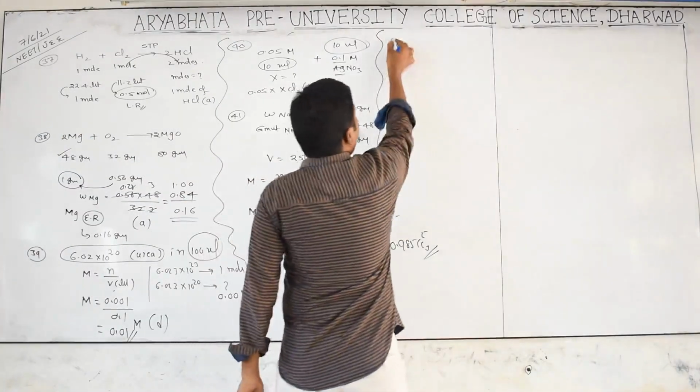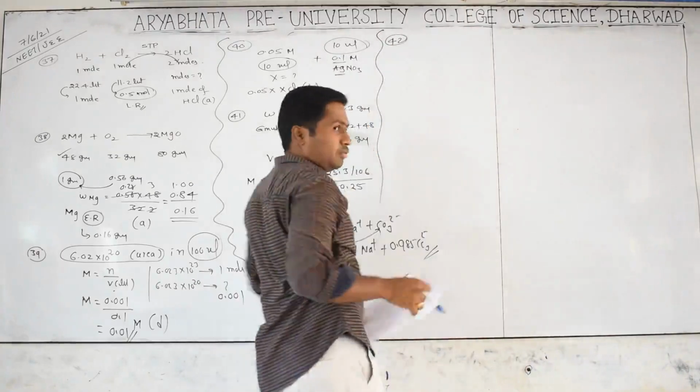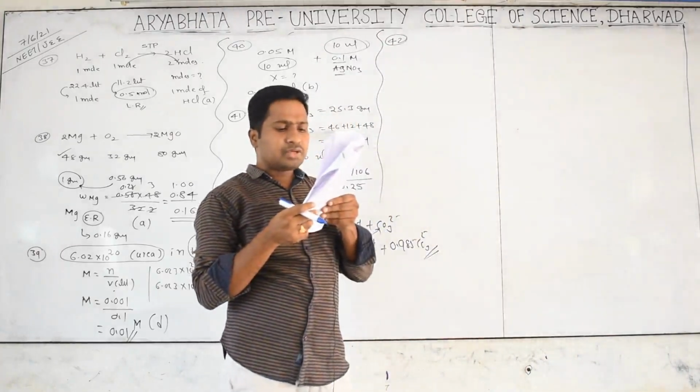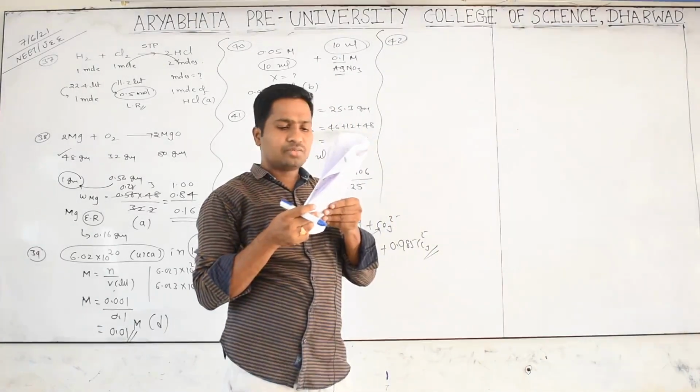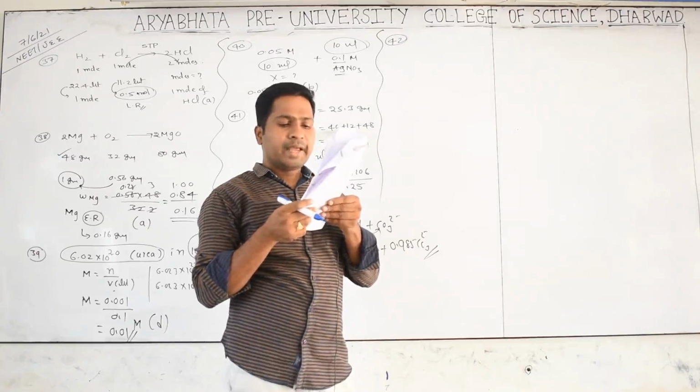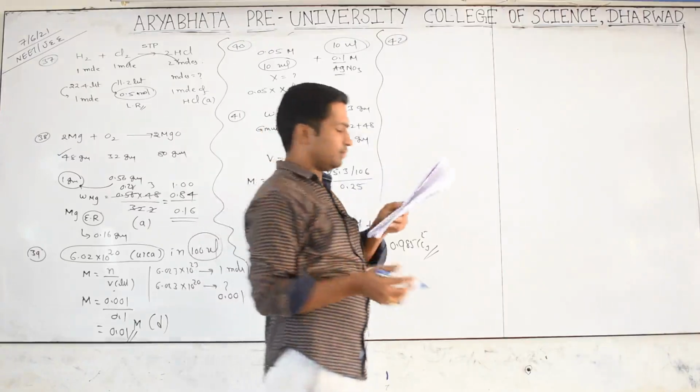Go for the 42nd question. Listen carefully. 10 grams of hydrogen and 64 grams of oxygen were filled in a steel vessel and exploded. The amount of water produced is very simple.